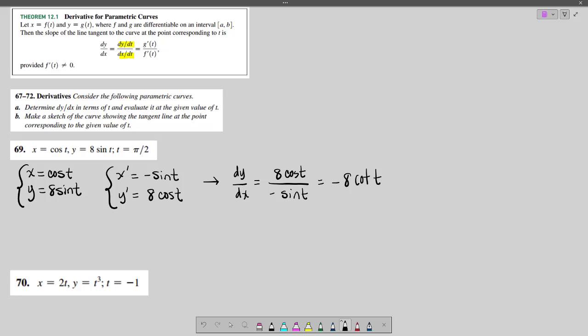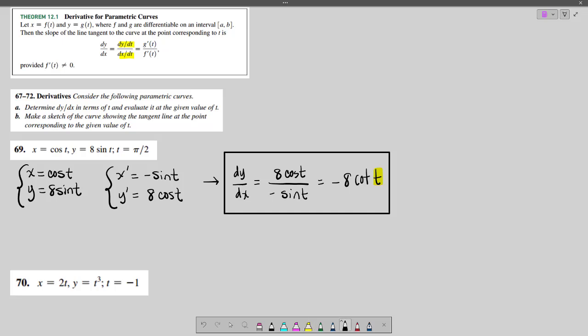Now, the one thing that we need to be paying attention to is that dy/dx in Calc 1 is always a function of x. Y is a function of x. But here in Calc 2, when we're dealing with parametric equations, we're noticing that dy/dx is now a function of t. So we've got to be a little bit cautious, just pay attention.